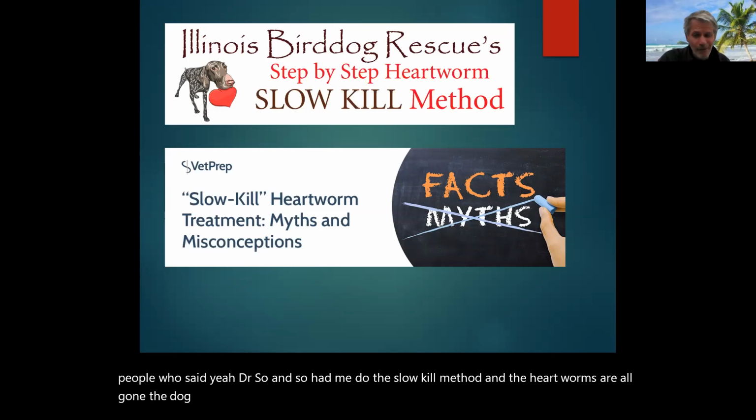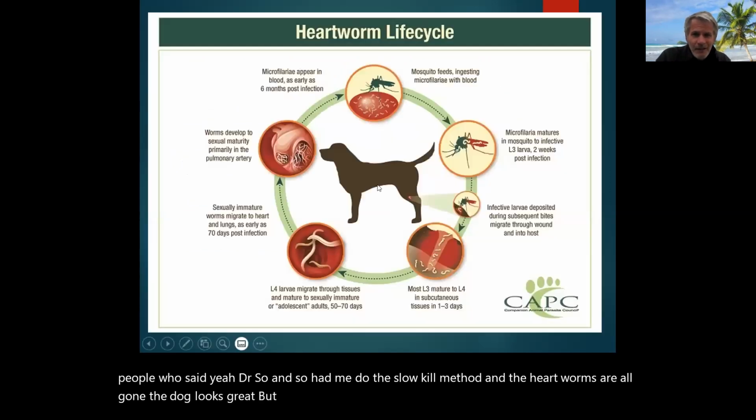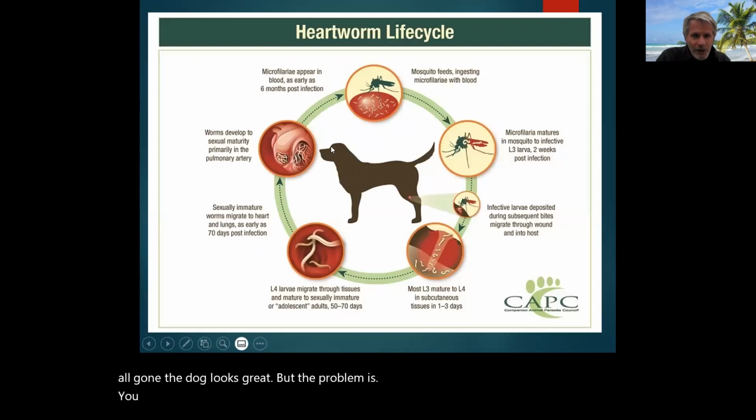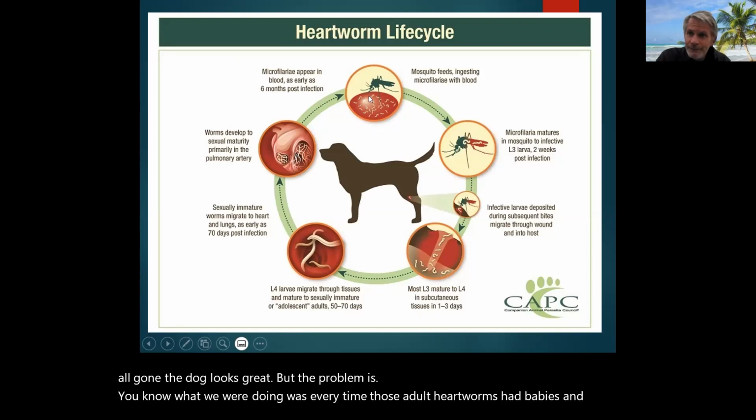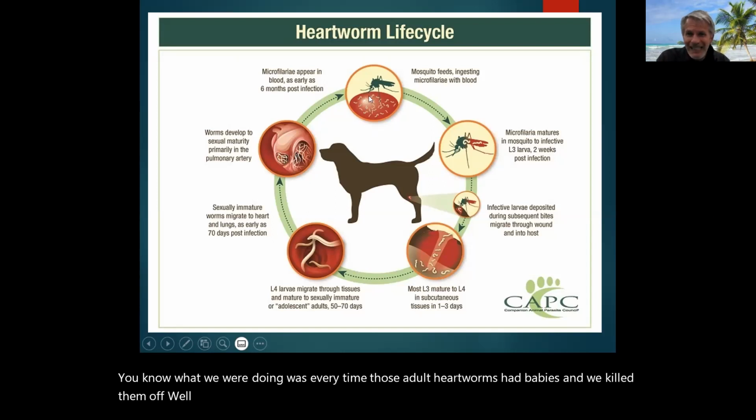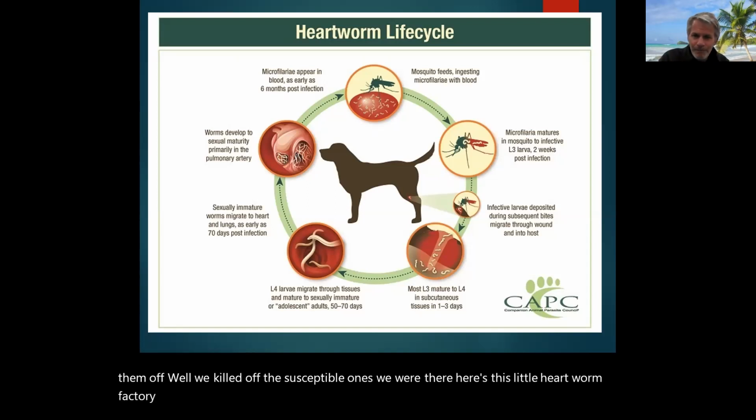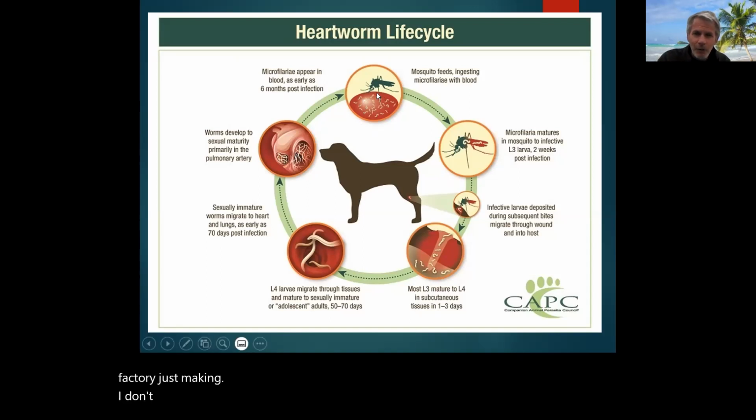But the problem is, what we were doing was every time those adult heartworms had babies and we killed them off, well, we killed off the susceptible ones. Here's this little heartworm factory just making, I don't know, thousands of baby heartworms. That's a perfect situation for us to create resistance.